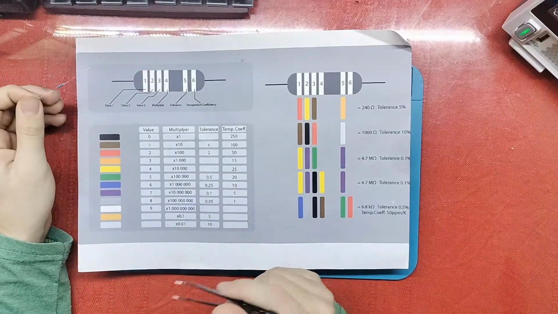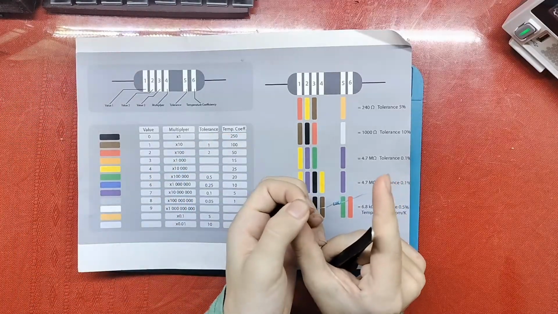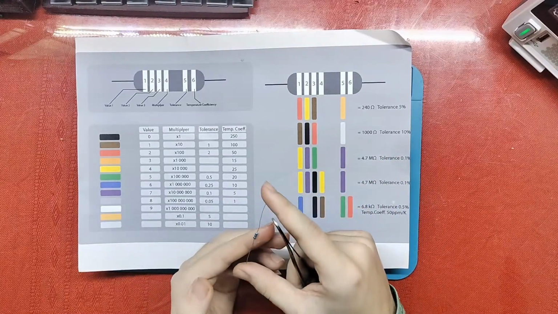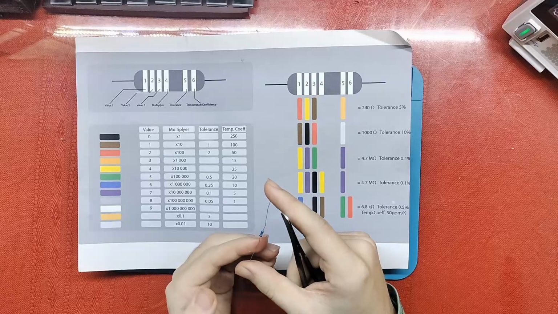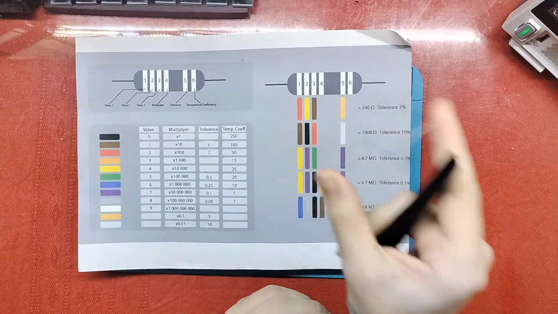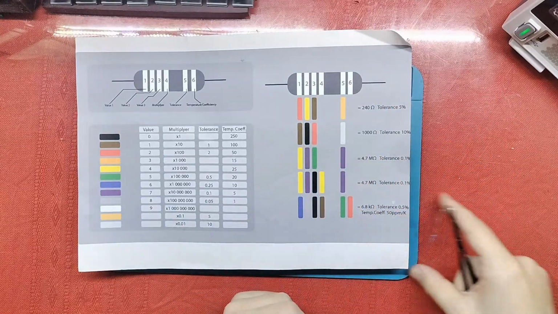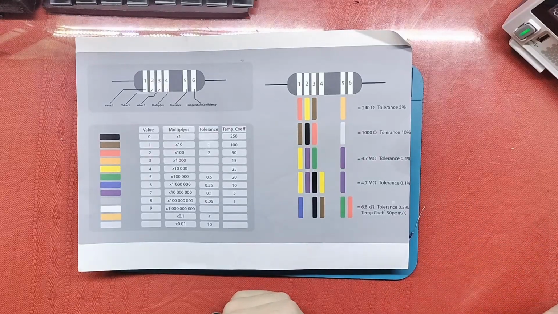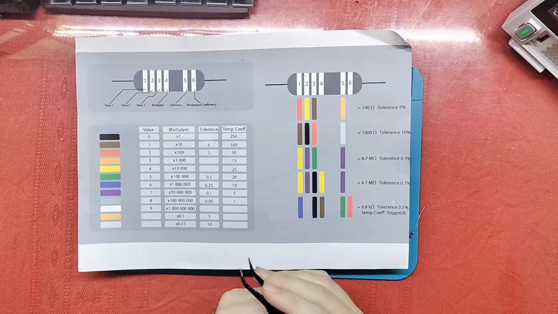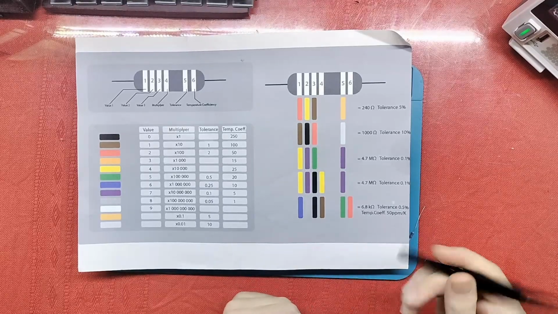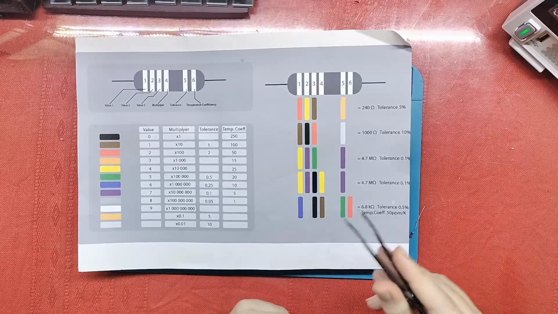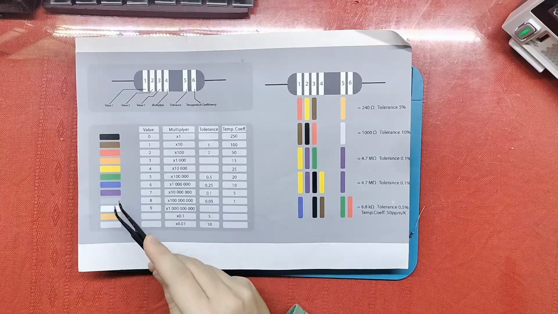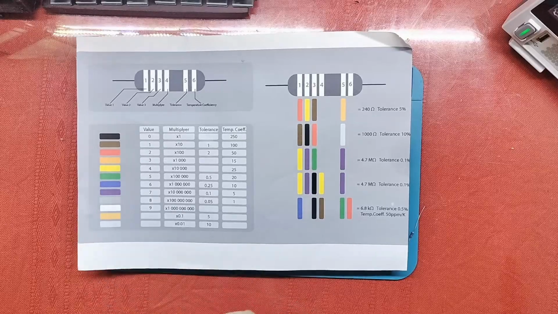And first of all, the way you usually find which band is last, it's usually the thinner one, if I remember correctly, or if it's just some resistors that you found around, you can look for the silver and the gold.